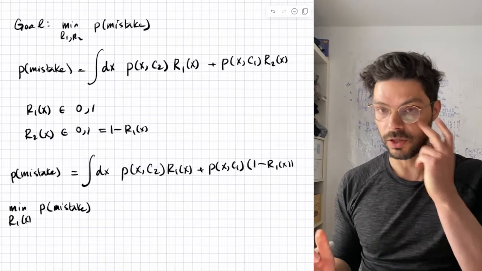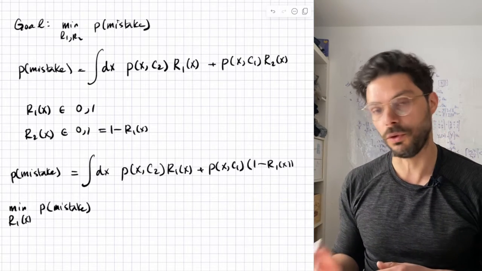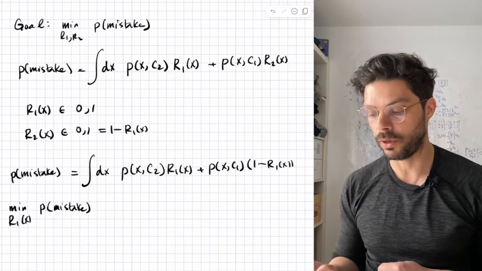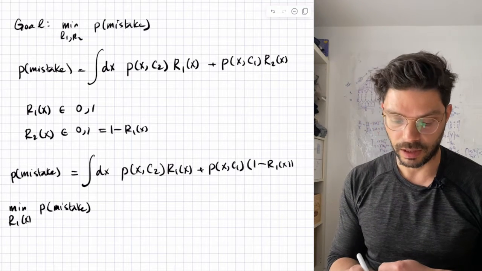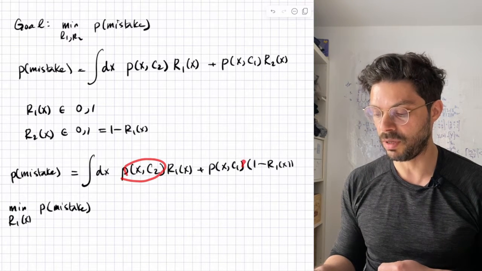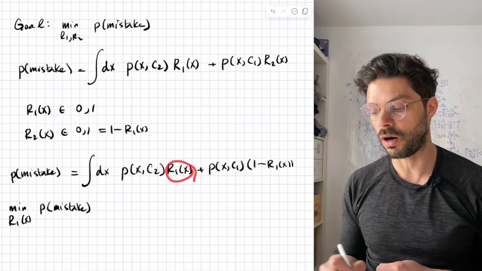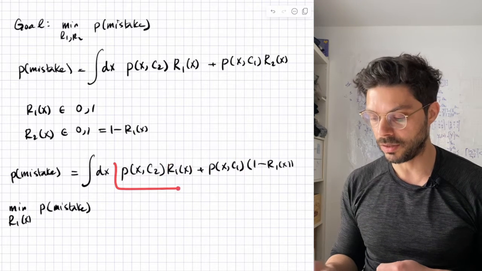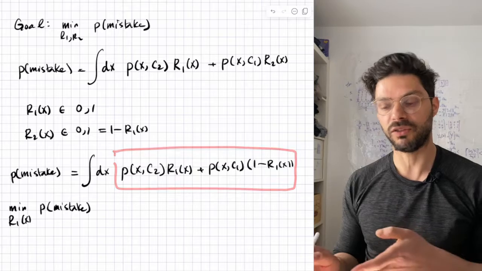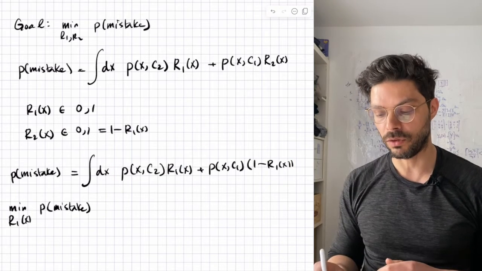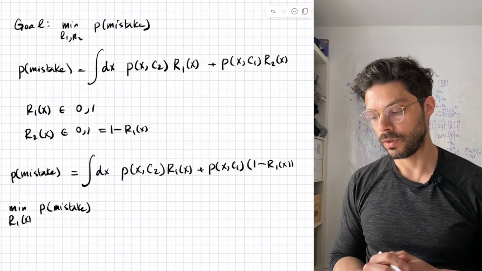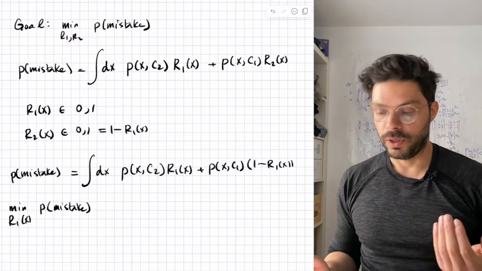And the important observation is that we can just do this separately at every single point. So P of x, P of x and C2, P of x and C1 are given, and we're just free to choose R1 of x to minimize each one of these terms as we integrate over all of space. So how should we do that minimization?